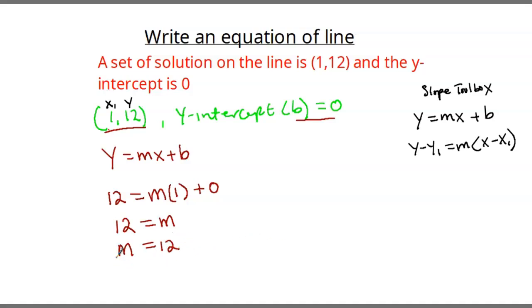Now we have our slope and our y-intercept, so let's plug everything back into the equation: y = 12x + 0, which is the same as y = 12x. So we have been able to write the equation of a line where the point (1, 12) is on it, along with a lot of other points. That's how we go about this question.